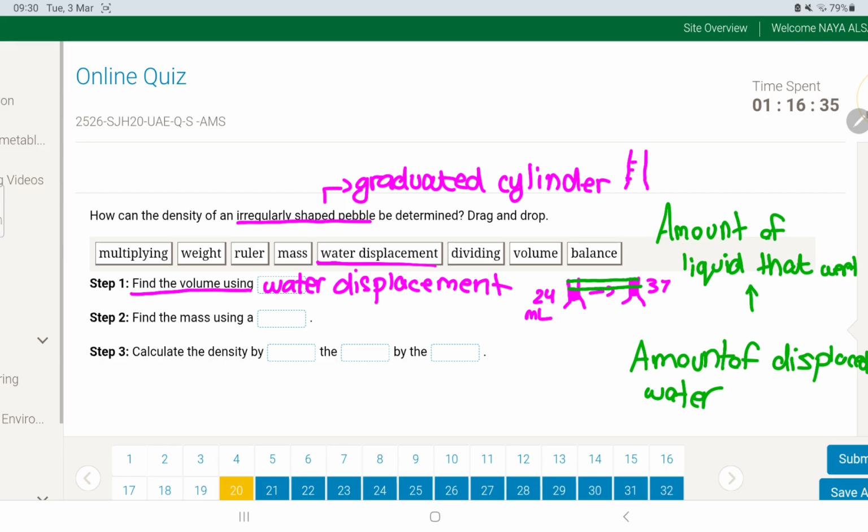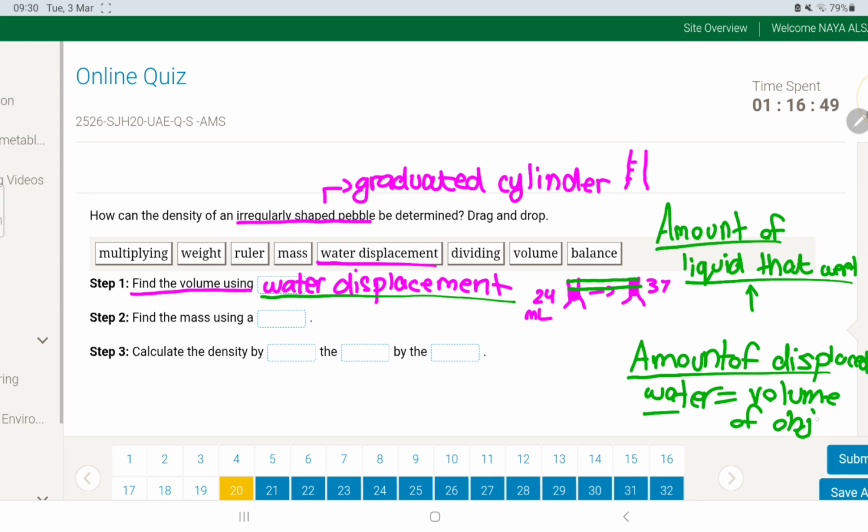Okay? So what method do you use? Water displacement. Why? Because the amount of liquid that went up, basically the amount of displaced liquid, is equal to the volume of the object. So all of this is basically the liquid displacement method. Okay?